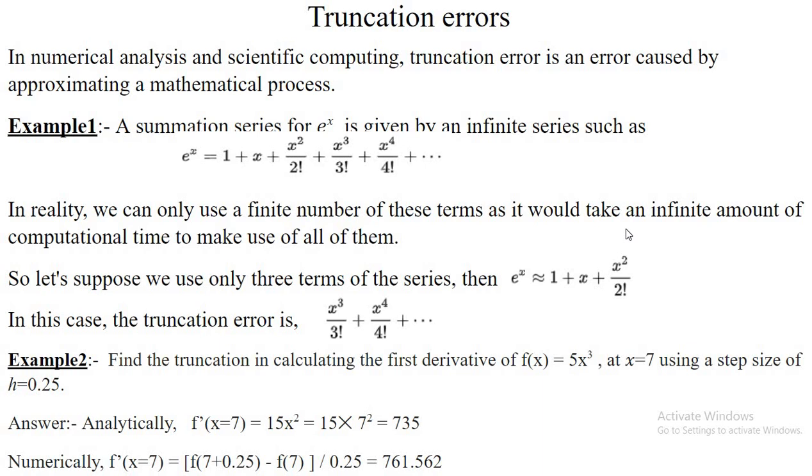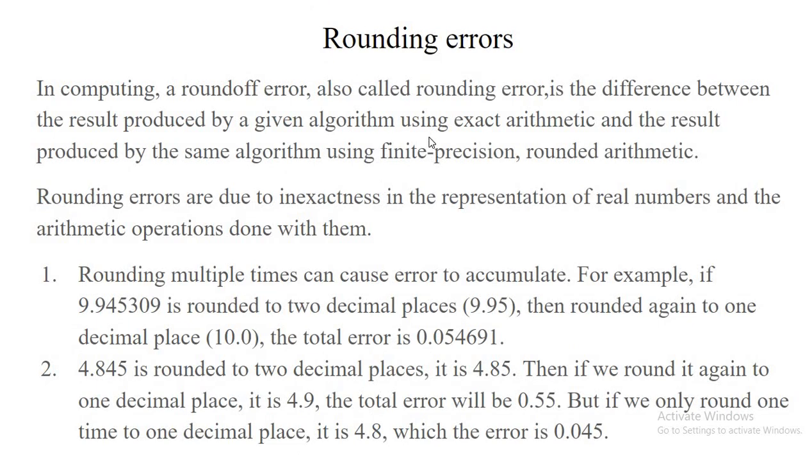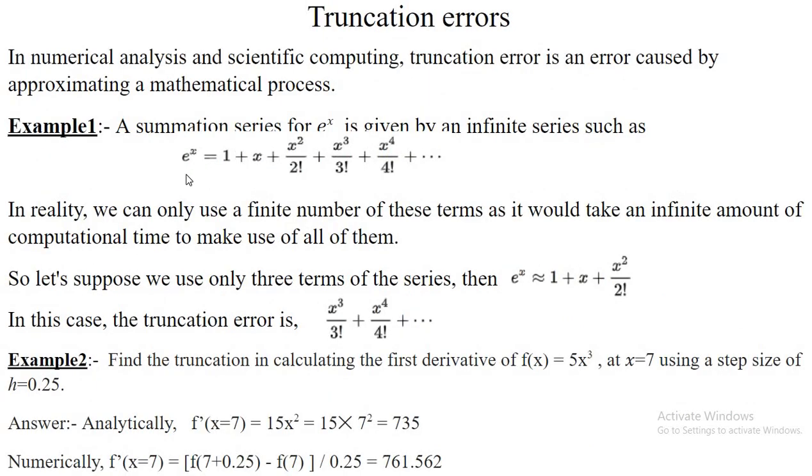Then the truncation error. A simple example: if you are taking an exponential series, e to the power x is 1 plus x plus x square by 2 factorial, then x cube, x to the power 4, and this will go on for an infinite series. But it is not possible to use an infinite series, or a large number of terms, so you need to approximate.